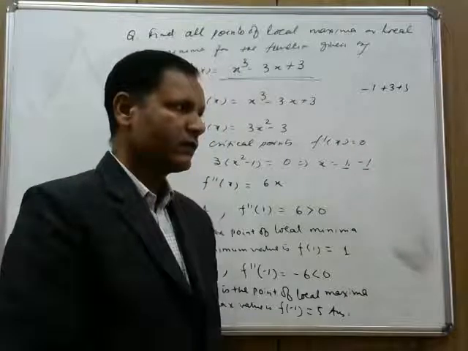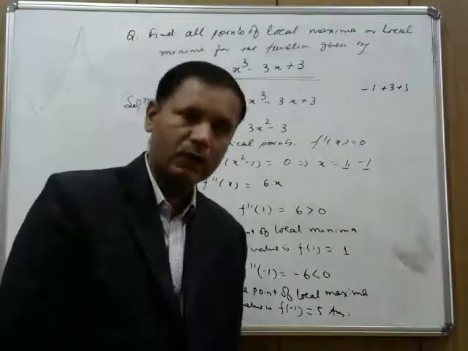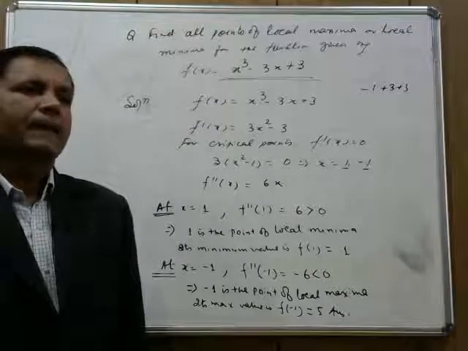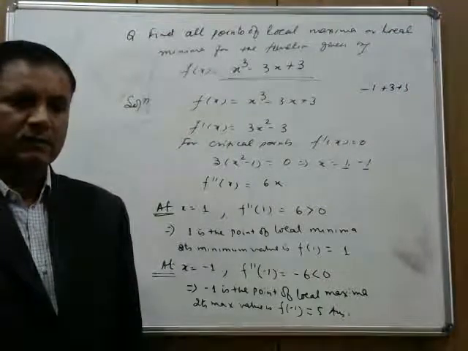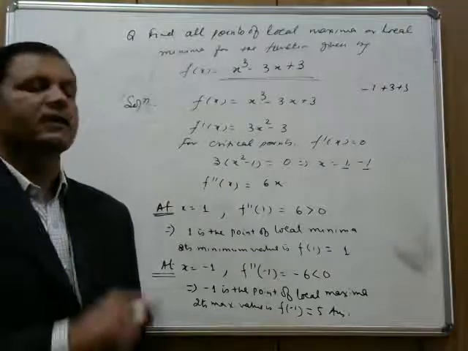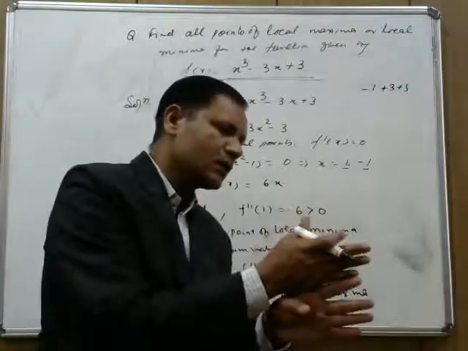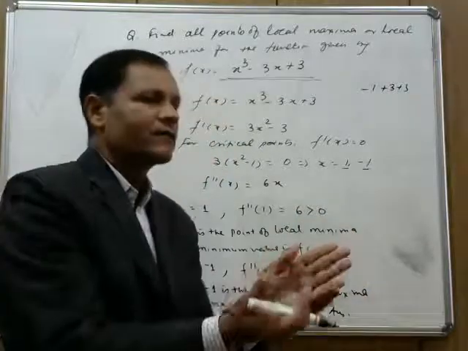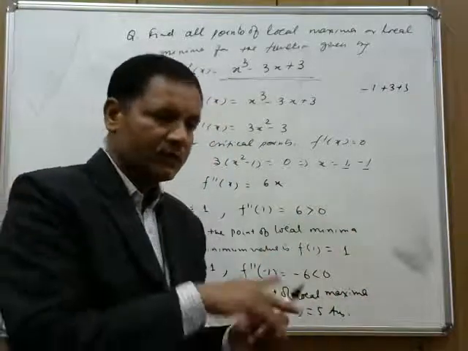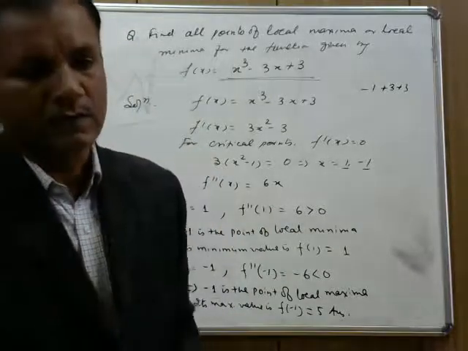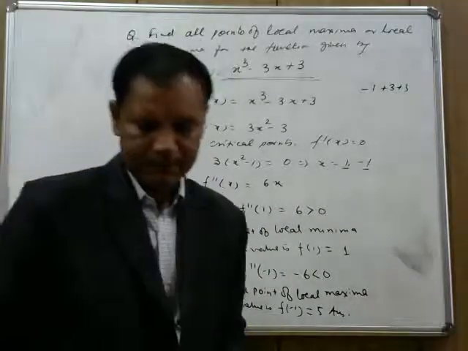When we get the point of inflection, we cannot find out the maximum value and minimum value of the function by the second derivative test. Then we have to refer to the first derivative test. Then I have to check the value just before and after that particular critical point, and you have to check whether the function is changing from positive to negative or negative to positive. That you have to take care of.